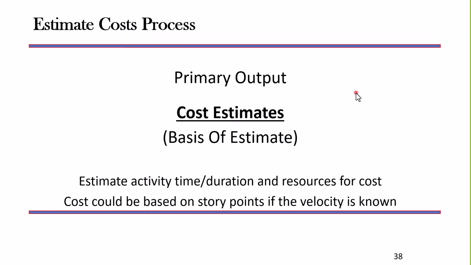Estimate cost process. We take that activity list now and we're going to estimate the cost for each and every activity. Of course, cost is going to be based on the physical resources that are required, human resources that are required, durations, several different things that will come into play to estimate the cost for the project.